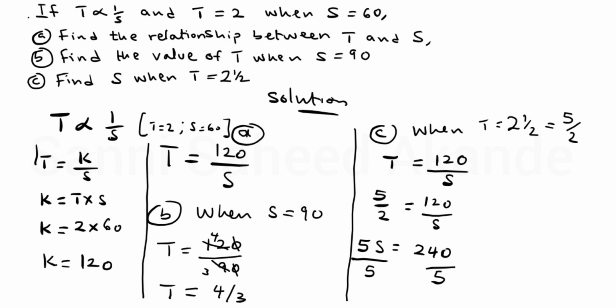So we now have S equal to 240 divided by 5. So S is 240 divided by 5, which gives us 48. Understood? And this is the end of the solution to this question.